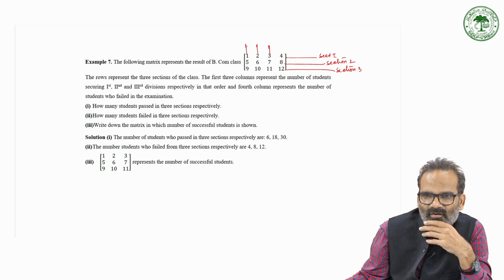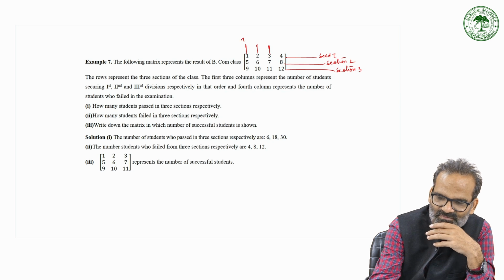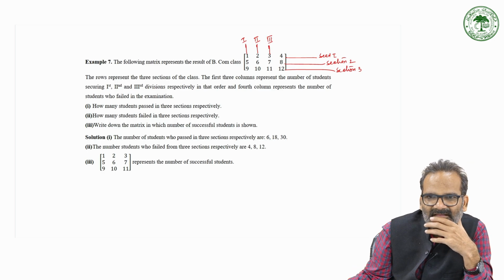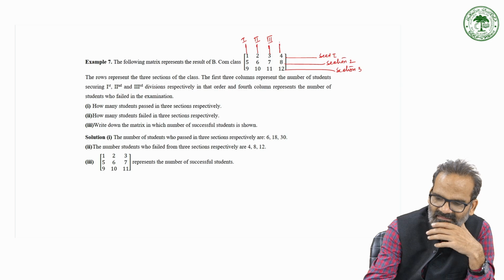The first 3 columns represent the number of students securing first, second and third divisions respectively. They are the students who secure first division, second, and third division. And the fourth column represents the number of students who failed. Oh, the column 4 represents the failed students, right?